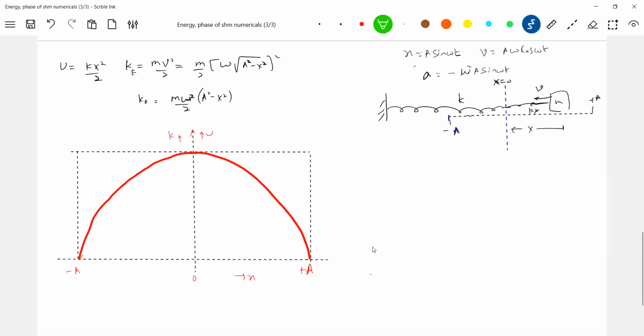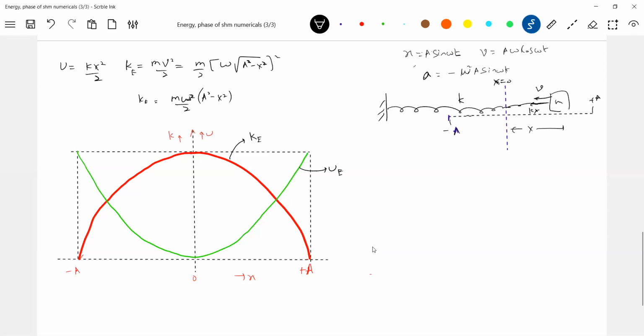And the potential energy will be another parabola. This is the kinetic energy and this is the potential energy.